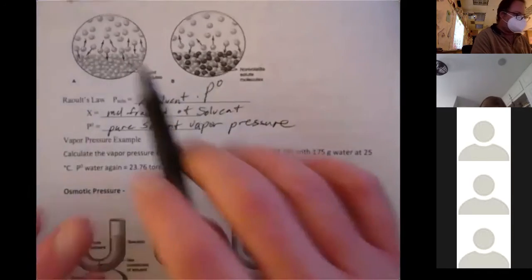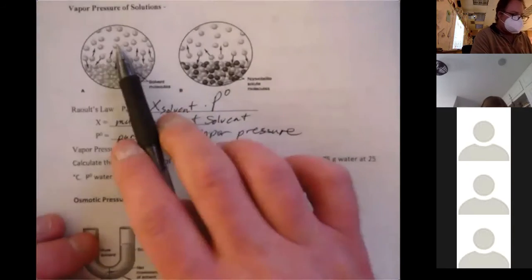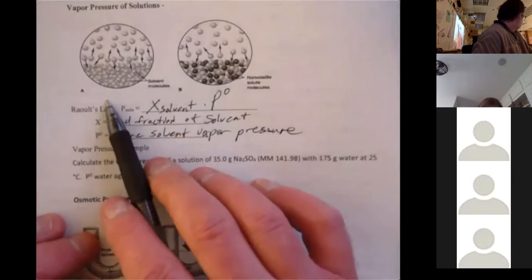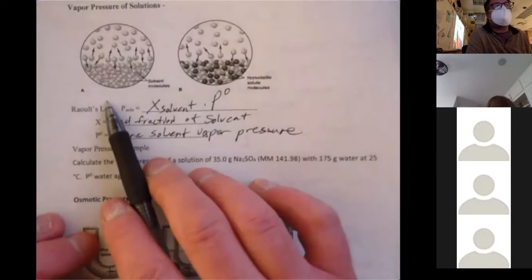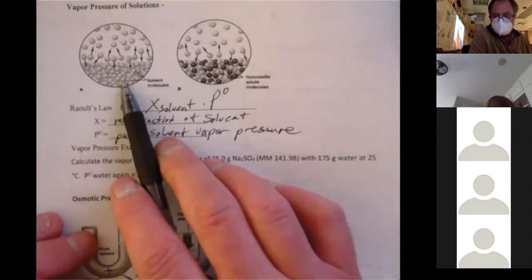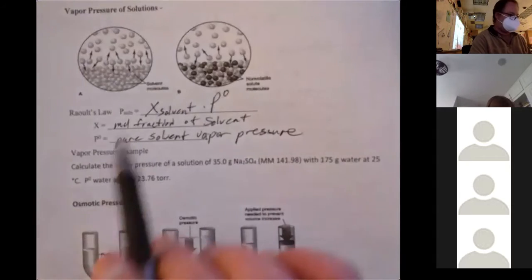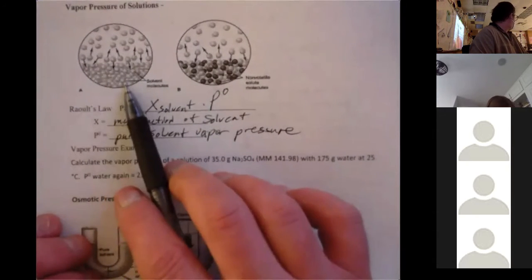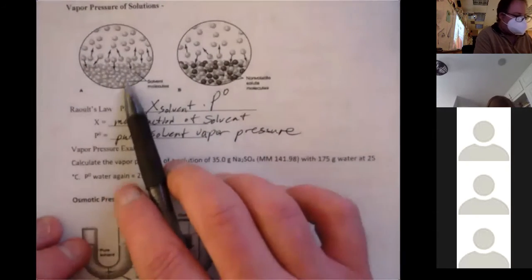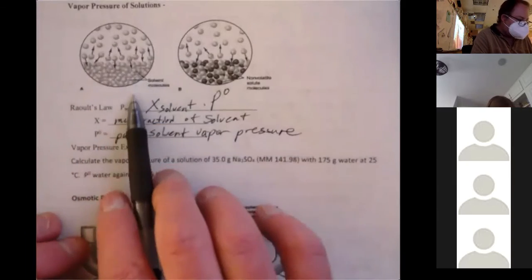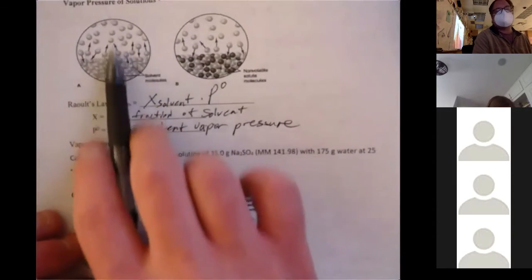Now, what do you think? Remember, the vapor pressure is the pressure to keep the particles in liquid form. That's the pressure on top needed to keep the liquid in liquid form. If there is not a lot of pressure up here, that will cause these particles to vaporize.